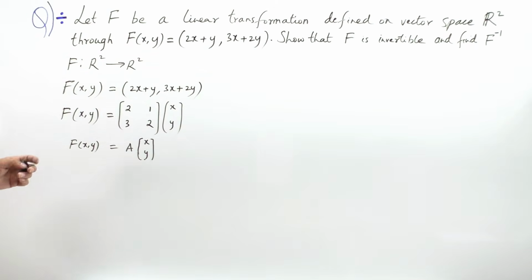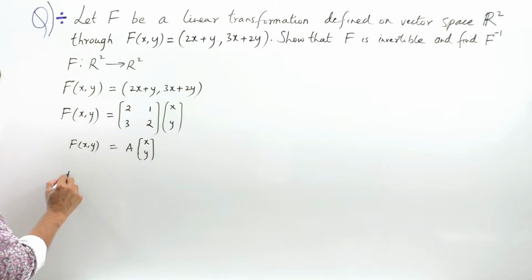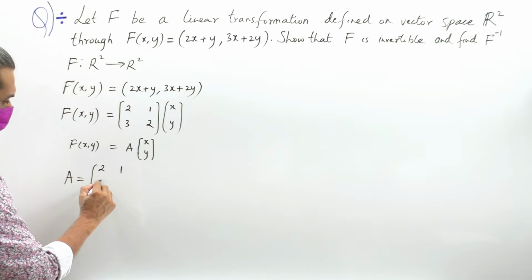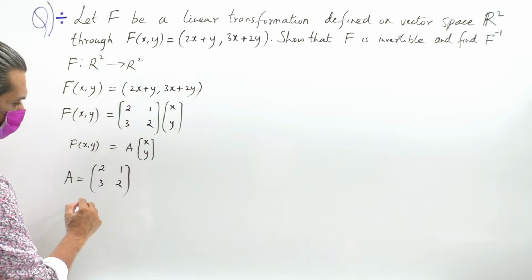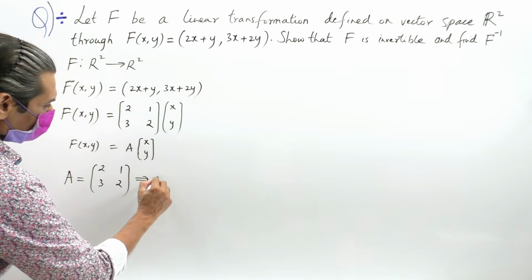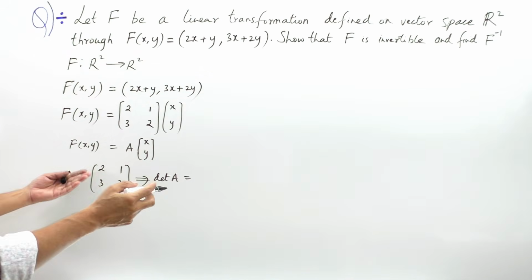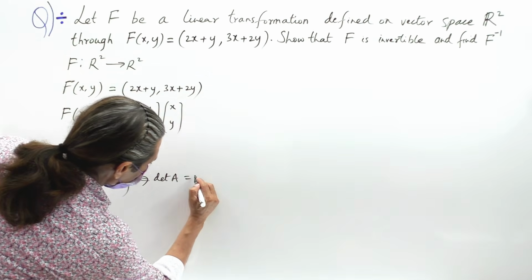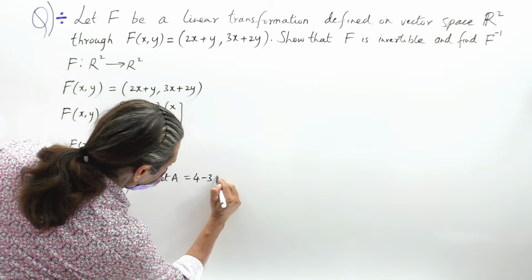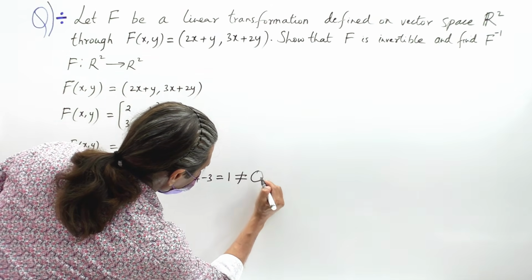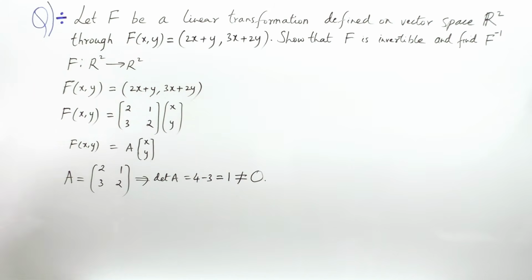Now from this I know that matrix A equals [2, 1; 3, 2]. It implies the determinant of A will be very simple determinant. 2 2s are 4 minus 3 1s are 3. So 4 minus 3 is 1, that is not equal to 0.